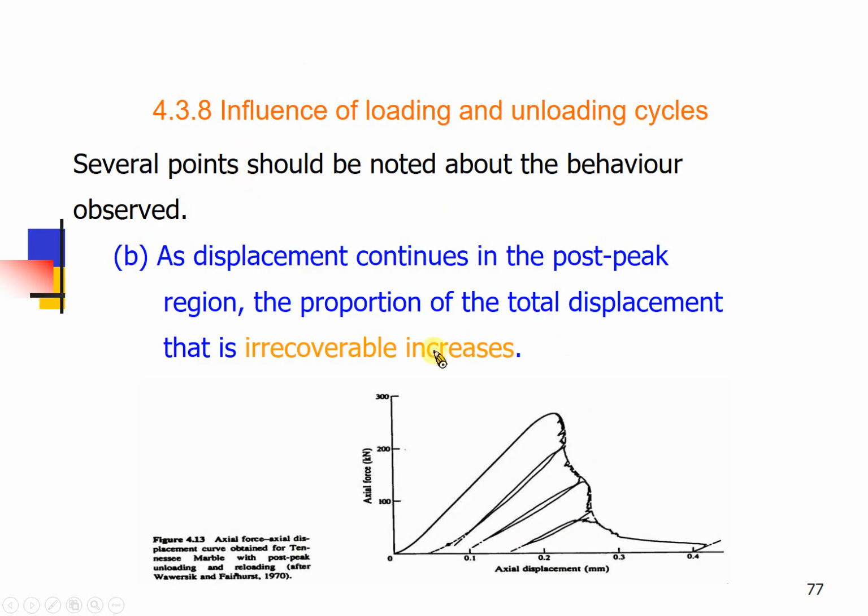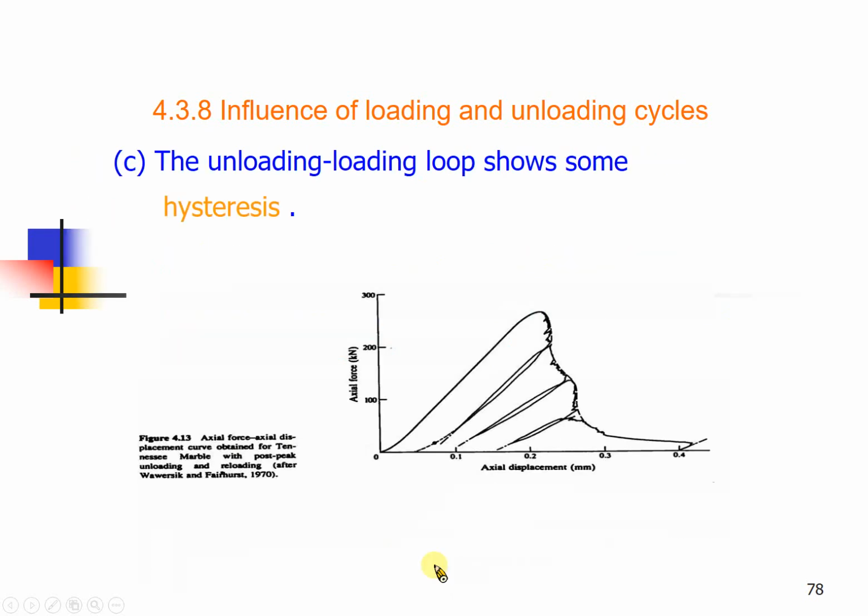And the other will be the irreversible strain. When you load it, unload it, then you will have the permanent displacement. So it will be irreversible strain or the plastic strain. Okay, so you will have the hysteresis.